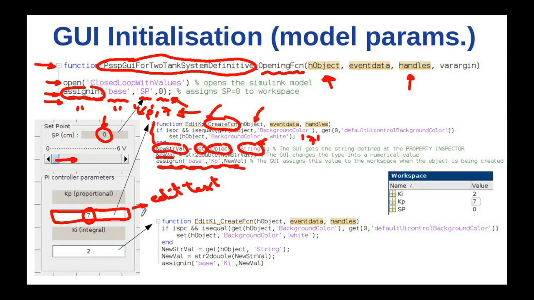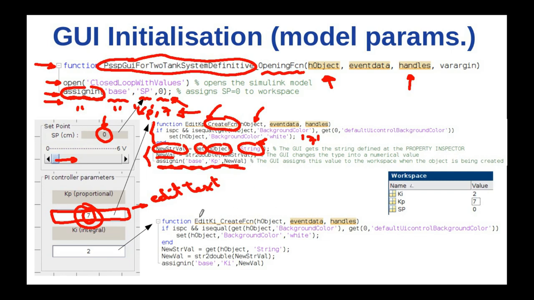In other words, you can define the value that is present in this element by double-clicking, first of all, and go to the property inspector, put a 7 on the string field, and then copy and paste this code in order to define it in the workspace.